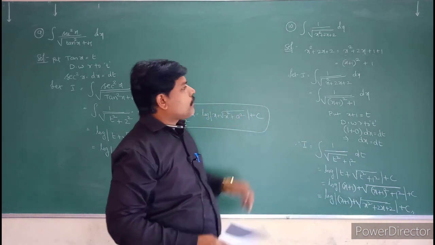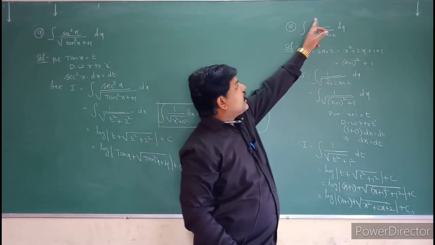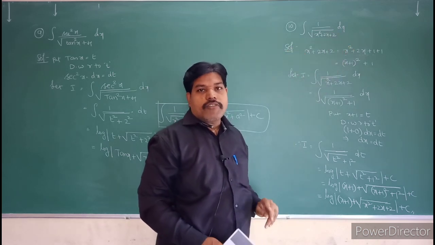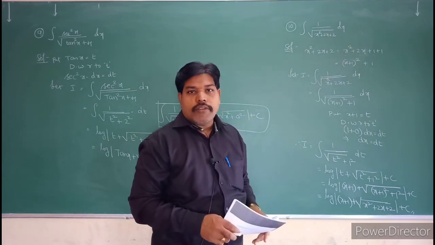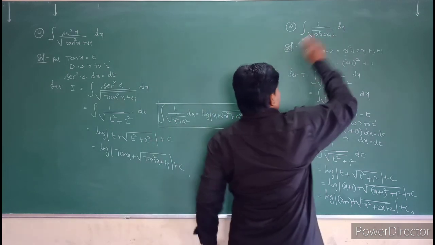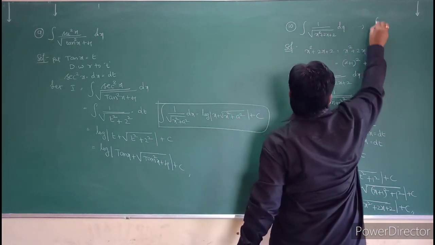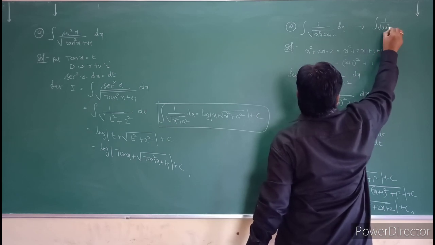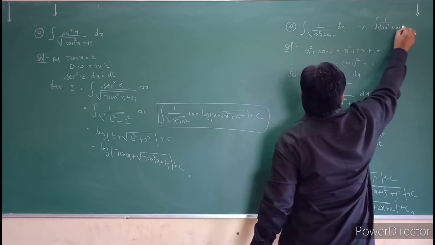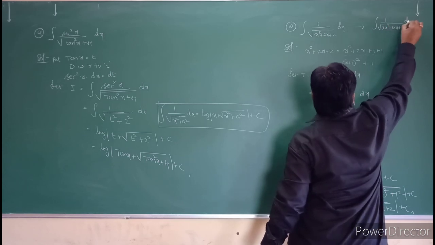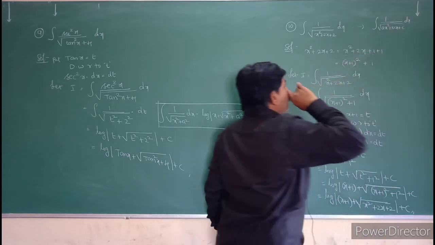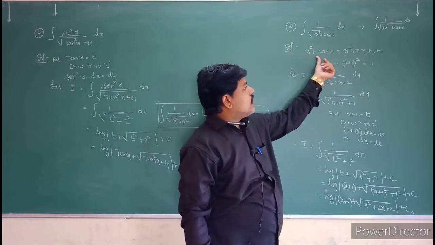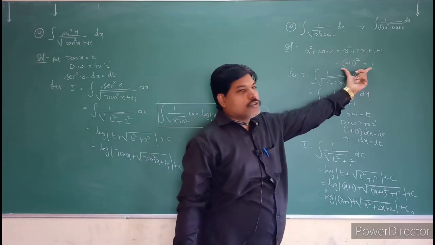So see that one: integral 1 by root of ax square plus bx plus c into dx. These type of questions, we have to take the ax square plus bx plus c and convert it into this form.